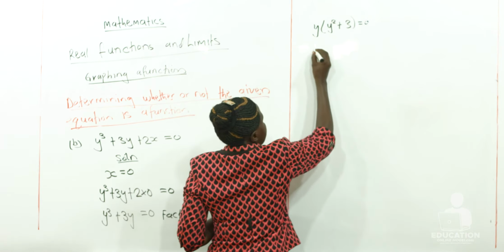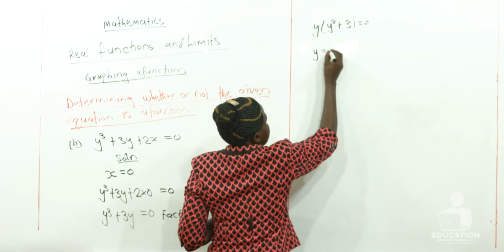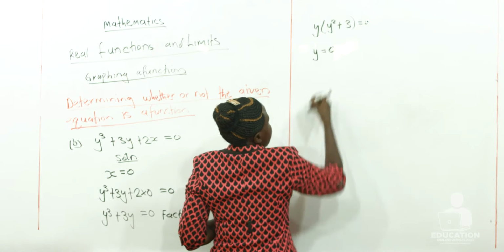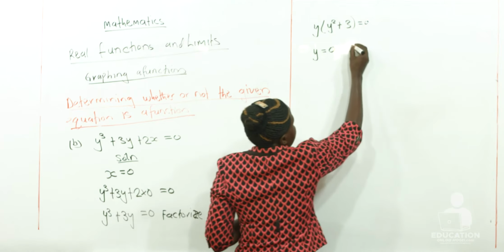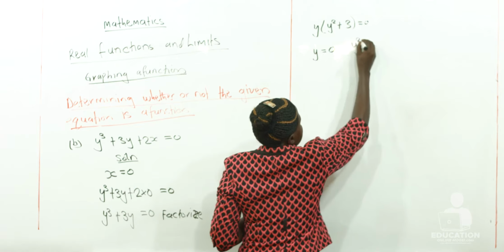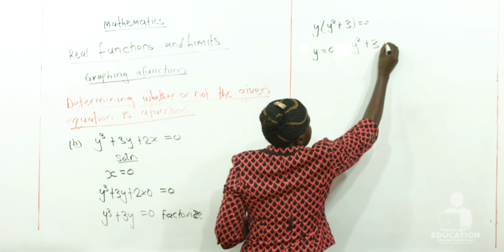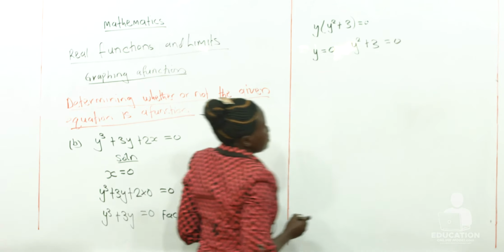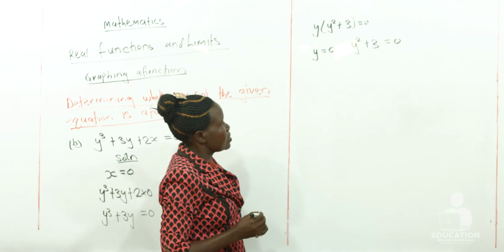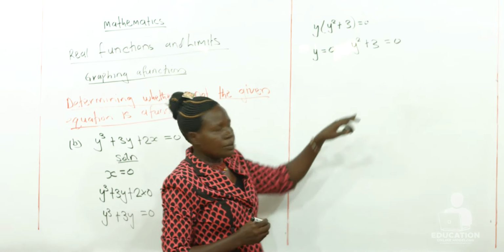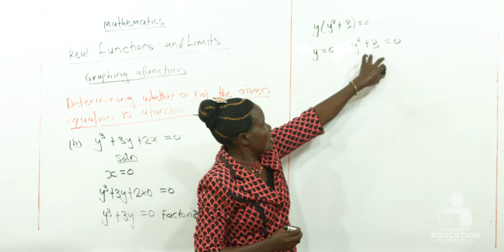So we simply say y, in this case, equals to 0. And then we have y square plus 3 equals to 0. So y square plus 3, it means we have to simplify for y. And how do we simplify?